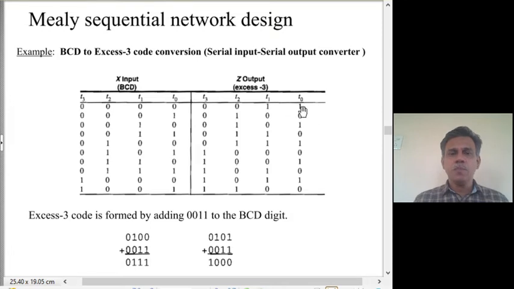So this bit would be Z0, Z1, Z2 and Z3. So in a serial input, serial output converter, we will feed X0 at the time T0 and expect the circuit to produce at the same clock period Z0.